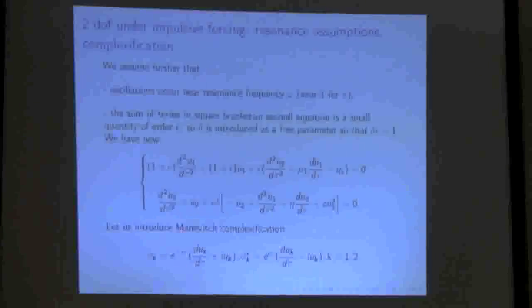Then again, I introduce Manevich complexification. So phi k is epsilon minus I tau, because I use the rescaled time. Again, it is velocity plus displacement, with similar conjugate terms for k equal 1 and 2.